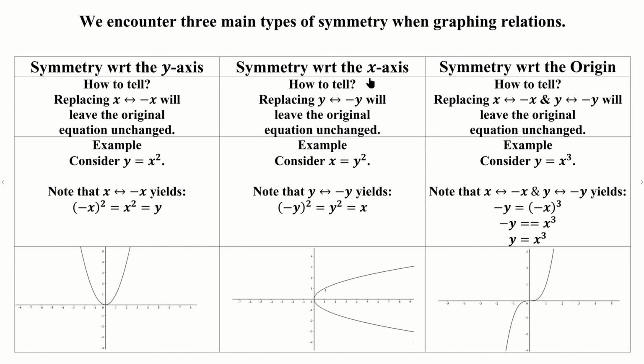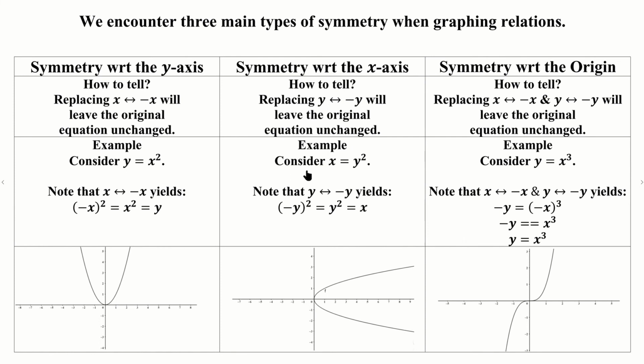Symmetry with respect to the x-axis is going to require that for a fixed x value, you get two different y values, a y value and its opposite, right? So that's why changing y to negative y should leave the original equation unchanged.